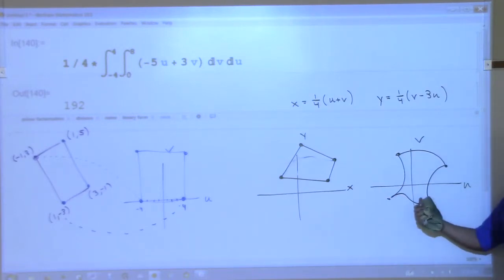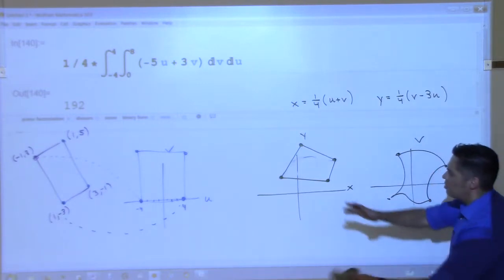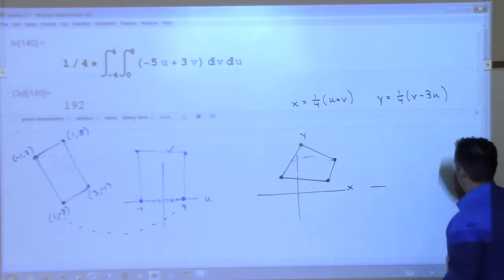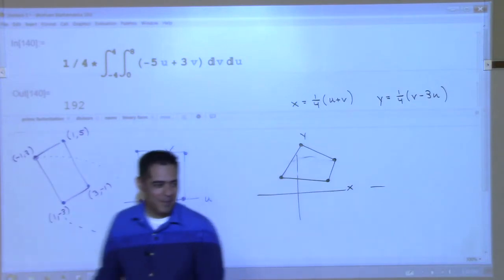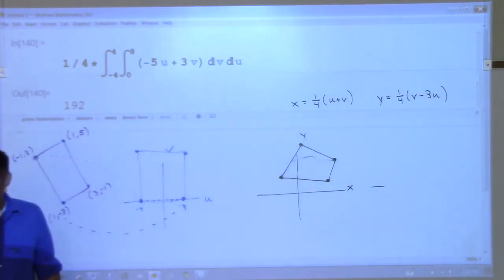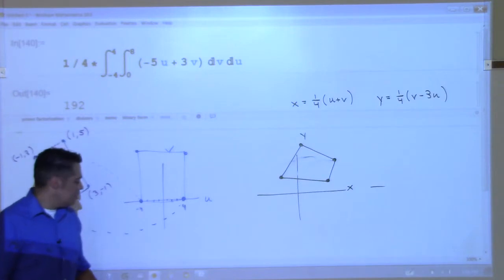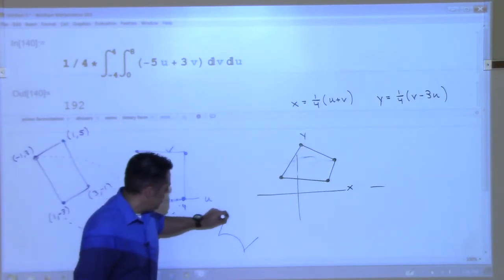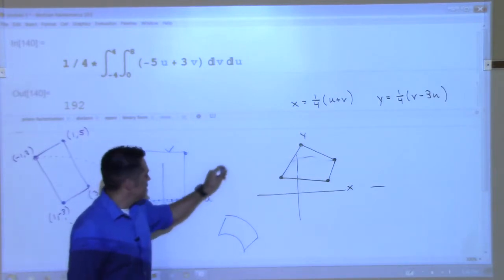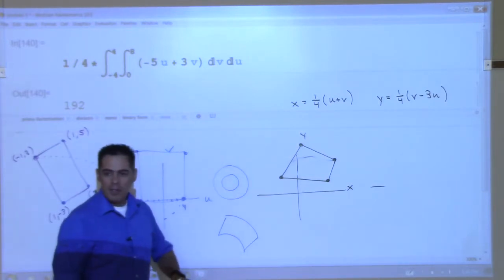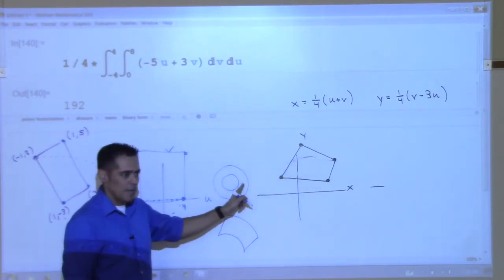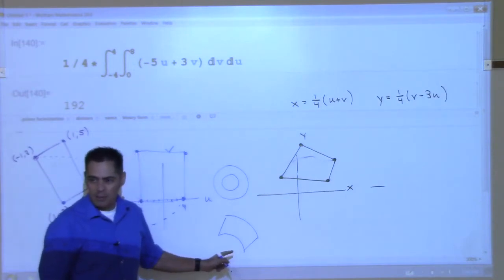And then this region would not be something you want to integrate, okay? So our conversions always want to be something that makes our life easier. Does that make sense? I feel like I'm confusing you. The only time you want to use polar is when your region of integration is polar. That's a polar region, right? Under transformation of polar coordinates, that will go to some sort of rectangle.